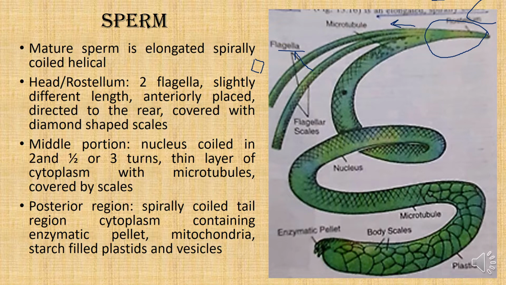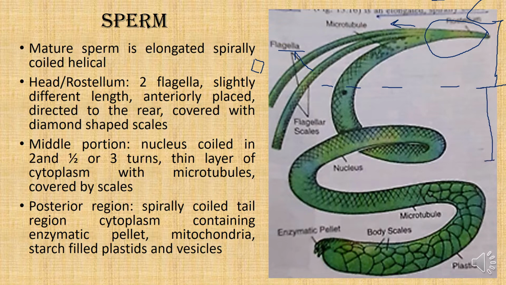So the entire sperm body is divided into the head or the rostrum portion, that bears mostly the cytoplasm that is rich in microtubules, and bears the two flagella. So this is the head or rostrum portion. Then the next portion is the middle portion.